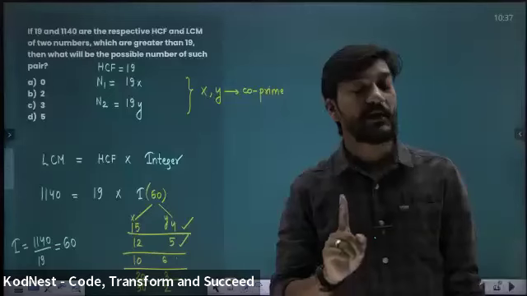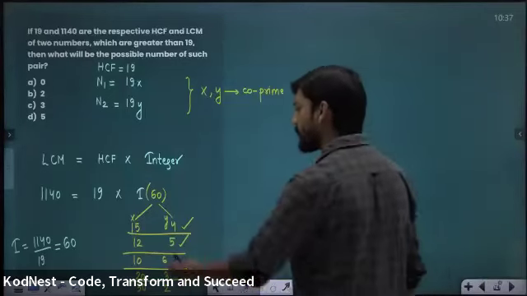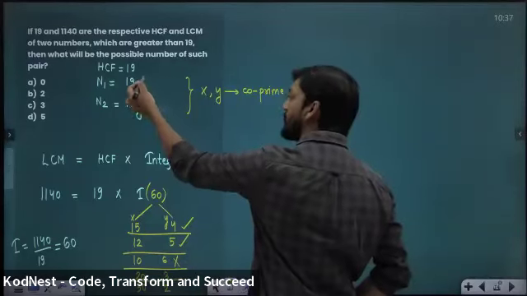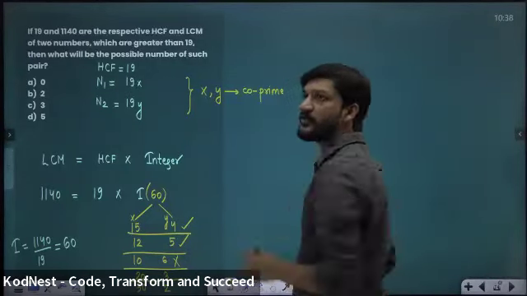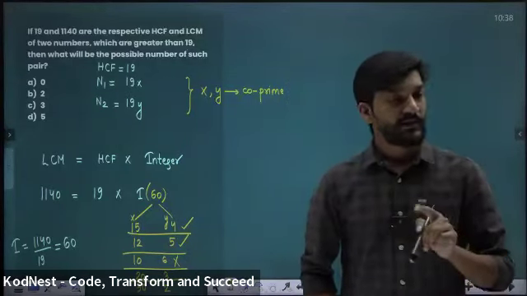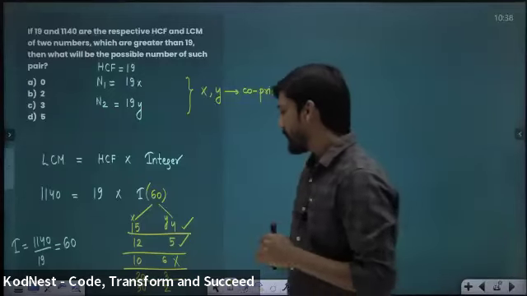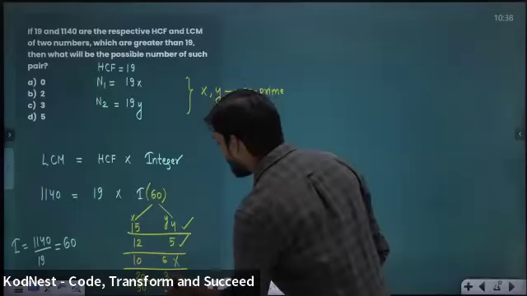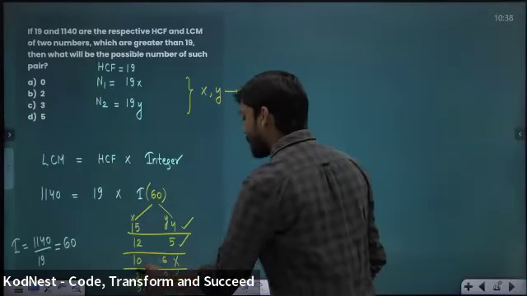That's why I'm not taking 10 and 6. Otherwise, it is okay. Now, next, 20 and 3. Co-prime, yes? Okay, take it. 30 and 2. Can I take it?